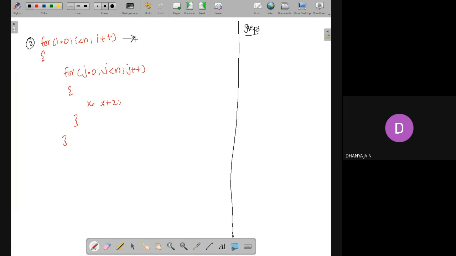Anurag is saying n plus 1, Achal Prem is saying n plus 1 times. So I'll agree with that. This statement will execute n plus 1 times. My next question: how many times will this statement be executed?